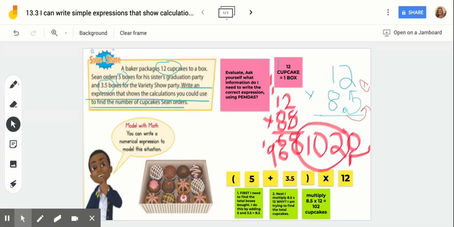We used PEMDAS to put our numbers in order. First we add 5 and 3.5 and multiply that by 12. If you did it the other way around, it would not work, because you need to find the total amount of cupcakes. So Sean has 102 cupcakes.